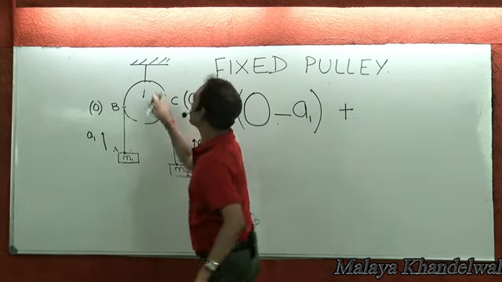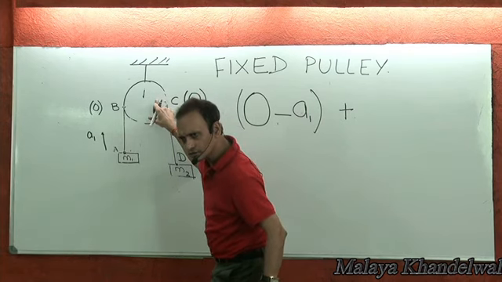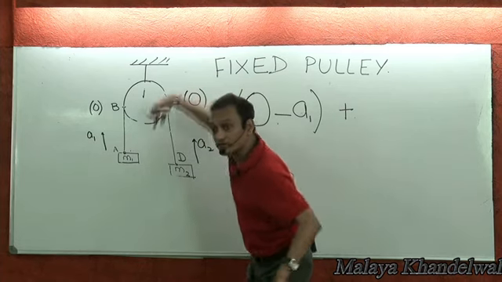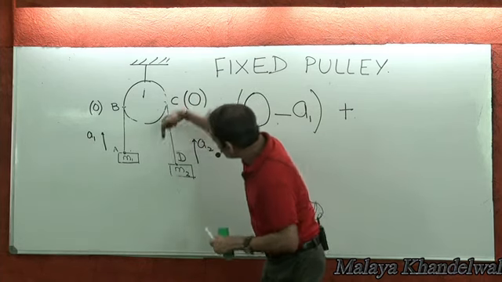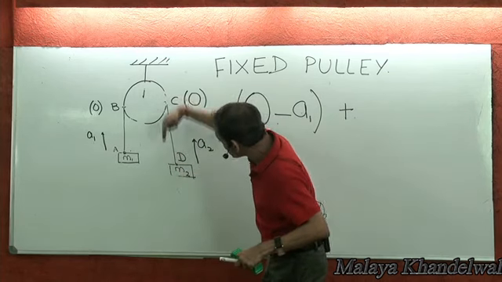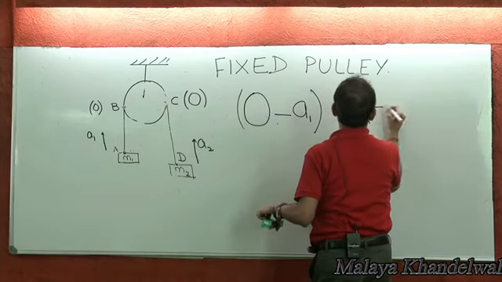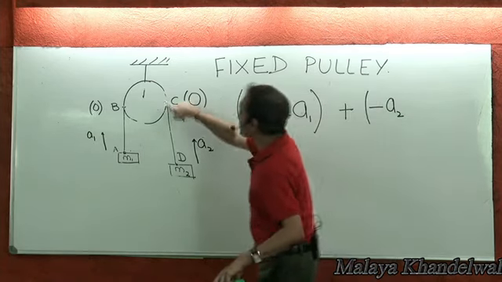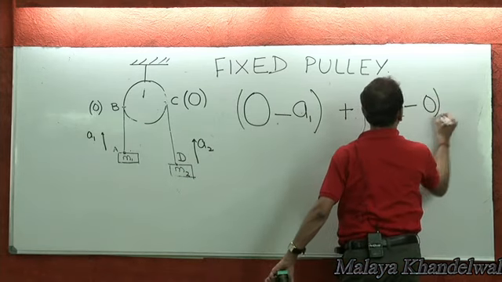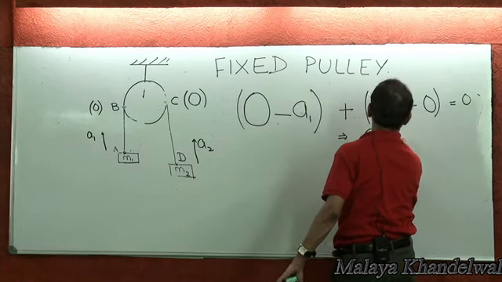Plus, I don't bother about this segment, 0, right, Nilesh? Then I go from here to here. Then this is my direction of traversal. So acceleration of D in this direction minus acceleration of C in this direction. What's the acceleration of D in this direction? Minus a2, precisely, minus a2. What's the acceleration of C in this direction? 0. And that gives me a1 equal to minus a2.